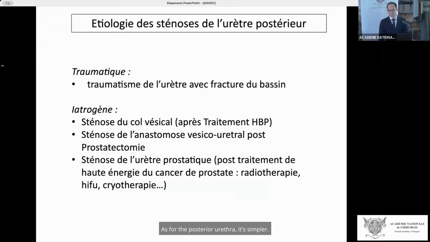As for the posterior urethra, it's simpler. We mainly have traumatic causes with severe trauma associated with pelvic fractures and iatrogenic causes, everything related to prostate treatment, namely post-treatment for benign prostatic hyperplasia or post-treatment for prostate cancer. I haven't included rare pediatric malformations like valves or others, which are truly exceptional.